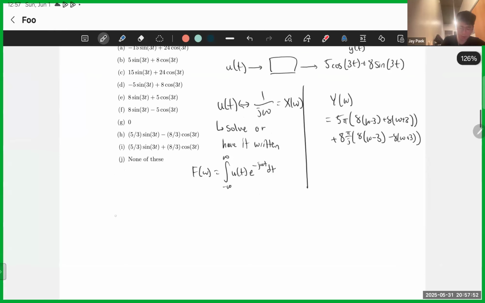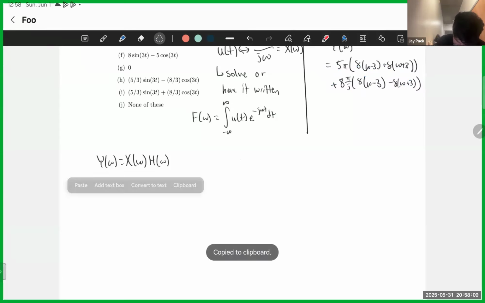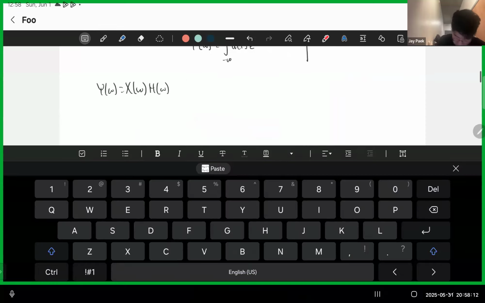And I know that y of omega is equal to x of omega times h of omega. So let's actually write that out, even though I don't want to. My God, that's a lot of writing. I'll just copy paste it. I do not want to add text.